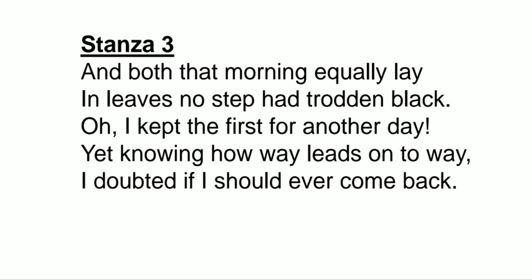He observes that he will probably never pass this way again, as one path leads to another, and thus will never have an opportunity to take the other road. This symbolizes that he will not be able to take the second choice in life at all, because decisions once taken cannot be undone, as we have learned in the central idea of the poem.